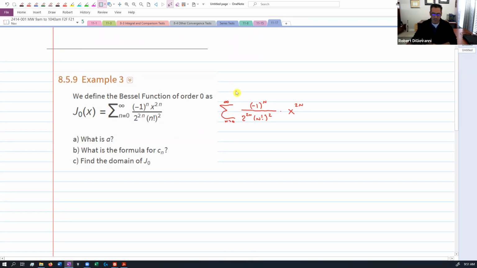What I've done is I've separated the part that's the c sub n away from this piece, the part with the x.